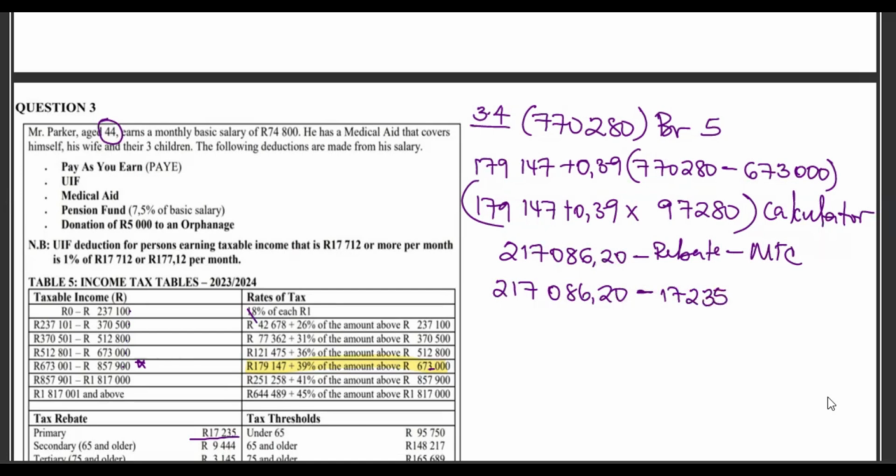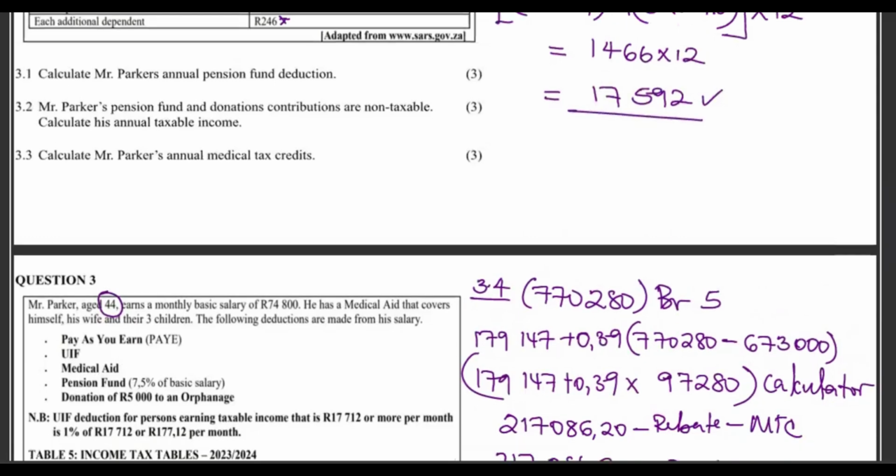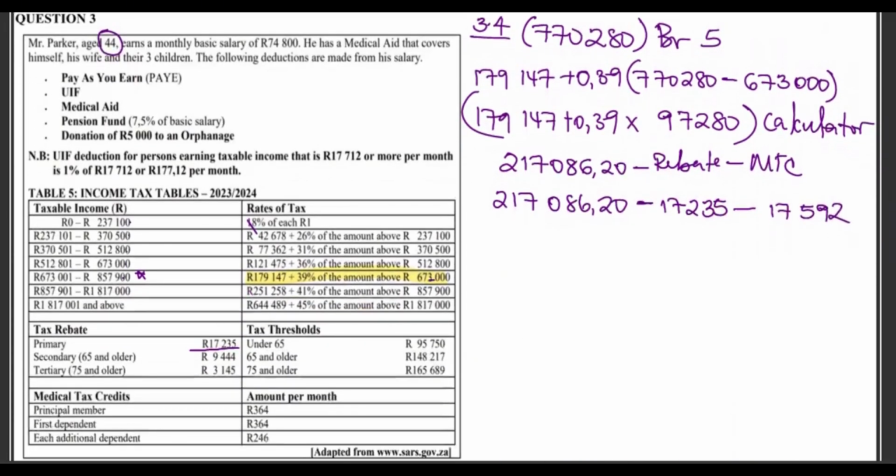Let's also subtract the medical tax credits we already saw, 17,592. Put everything in a calculator. So this is the answer that we have.